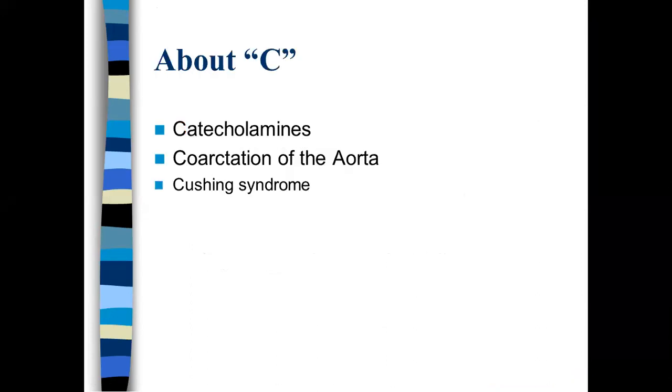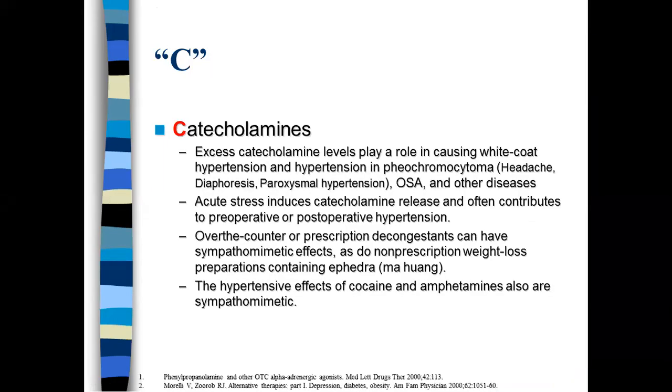Other factors, starting with C, are catecholamines, which denotes pheochromocytoma, which should be suspected by episodic hypertension, and it can be detected by vanillyl mandelic acid analysis and urinary metanephrines.